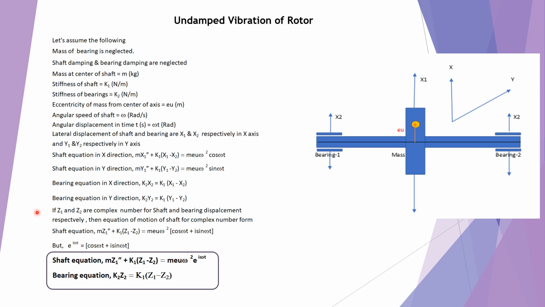But e to the power i omega t is equal to cos omega t plus i sin omega t.